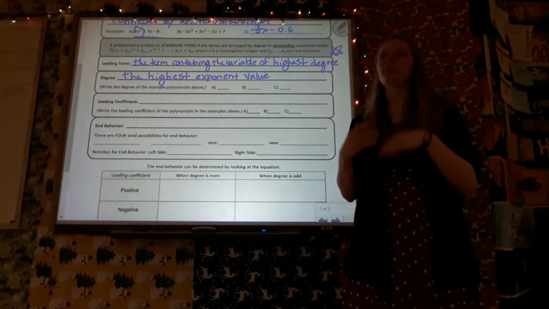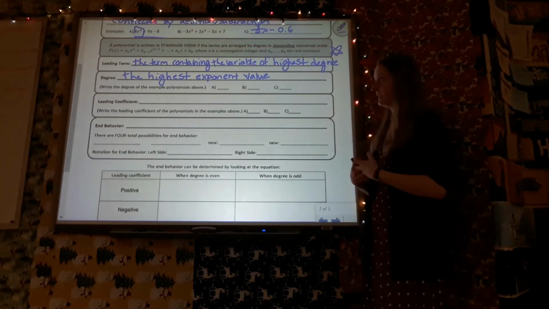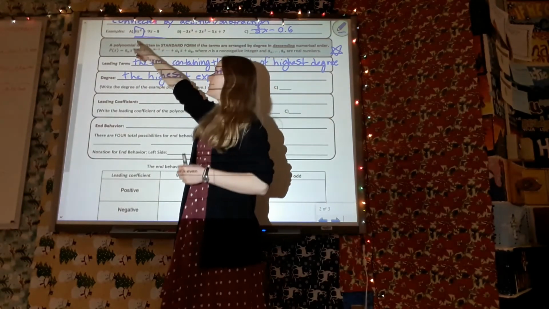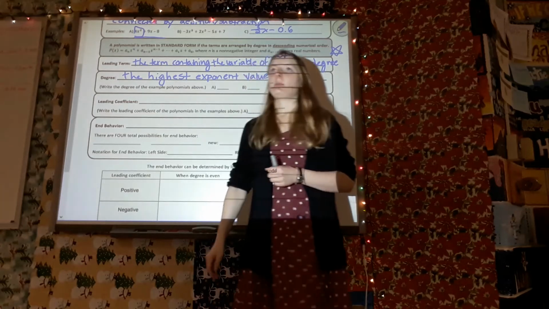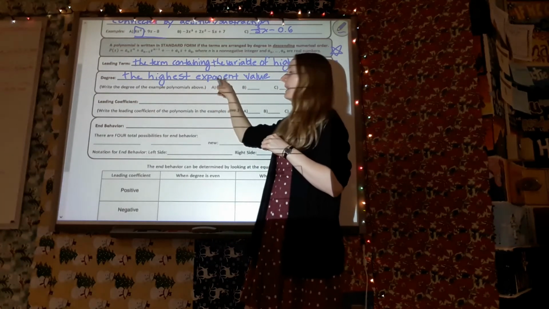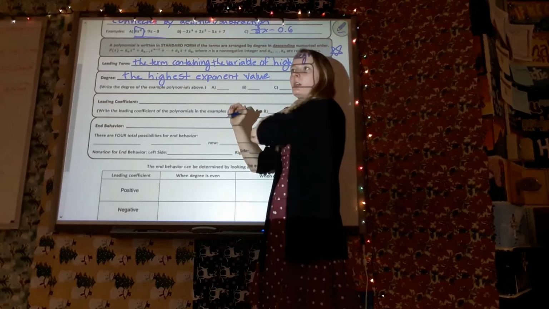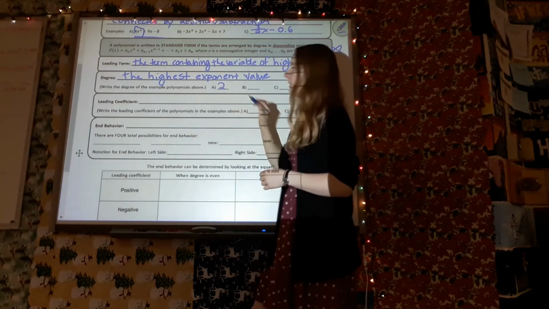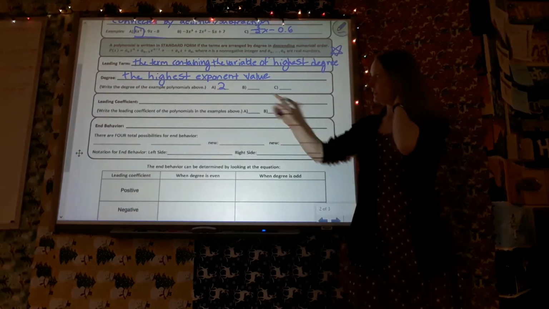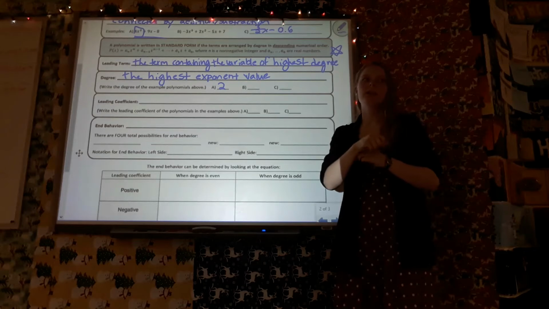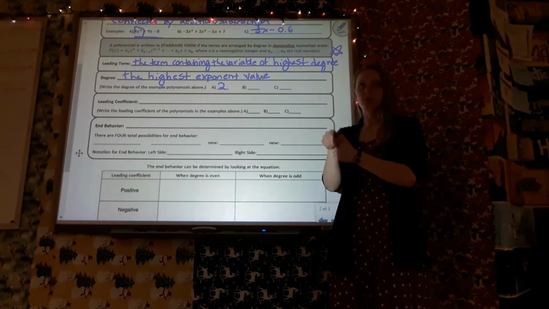Again, the degree represents the highest exponent value that you have in the expression. So if I look at example A up here, what would the degree be? The degree would be the exponent's value: 2. The degree is 2. Whatever the highest exponent's value is, that is the degree. So if the highest exponent you see is a 2, then the degree is 2.